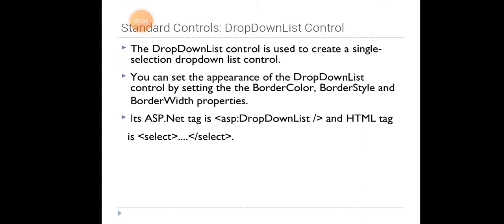Next, we are going to discuss the drop-down list control. The drop-down list control is used to create a single selection drop-down list control. Just imagine the drop-down list from Visual Basic. You can set the appearance of the drop-down list control by setting the border color, border style and border width properties.